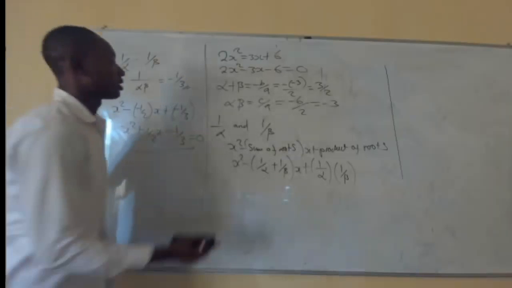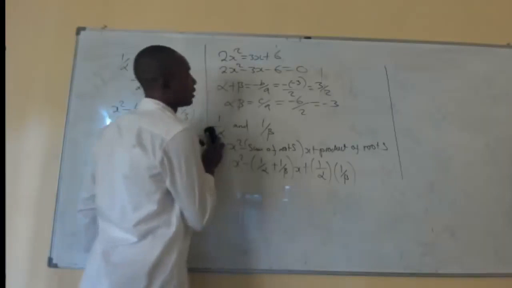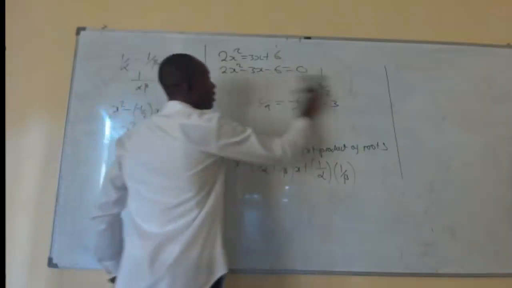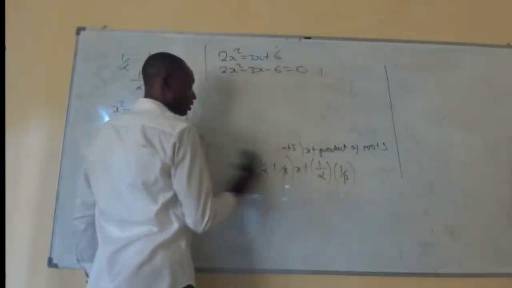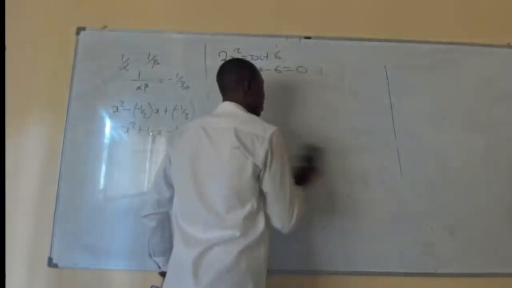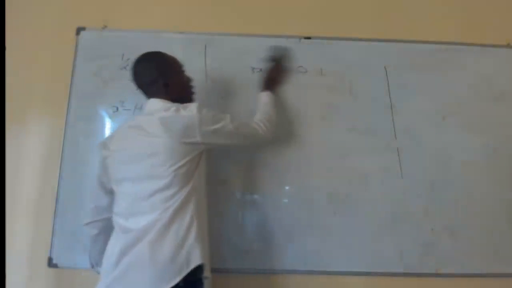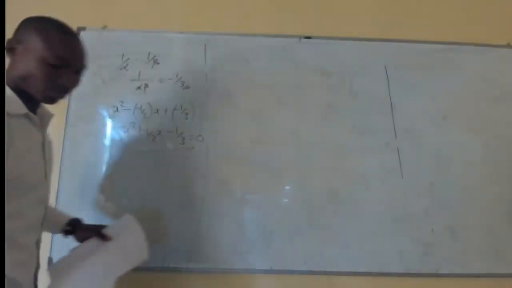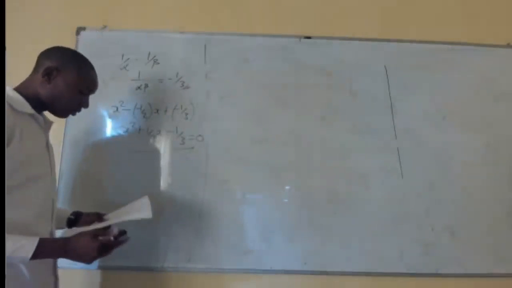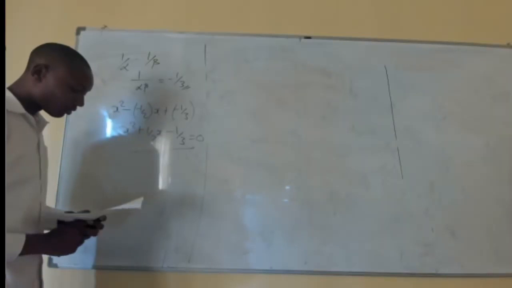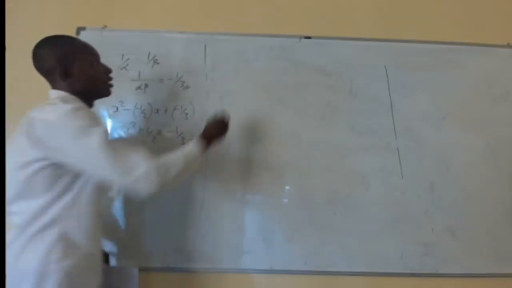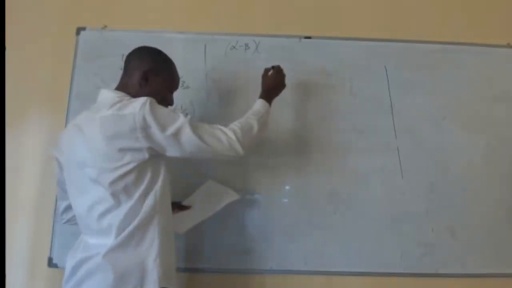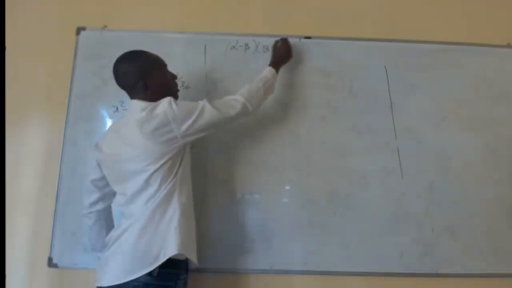Okay, so let's look at a different question. So you have alpha minus beta multiplied by beta minus alpha.